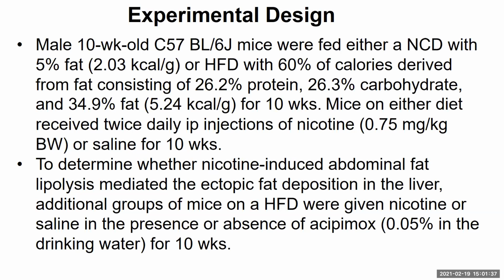And to determine whether nicotine-induced abdominal fat lipolysis mediated the ectopic fat deposition in the liver, additional groups of mice on a high-fat diet were given nicotine or saline in the presence or absence of ACP-MOX in the drinking water for 10 weeks.